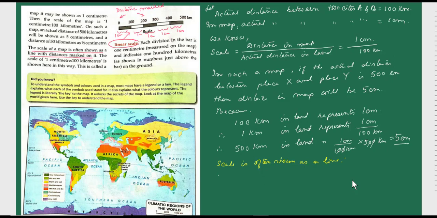In such a map, if the actual distance between place X and place Y is 500 kilometers, then distance in map will be 5 centimeters, because 100 kilometers on land represents 1 centimeter. So 500 kilometers gives 5 centimeters.